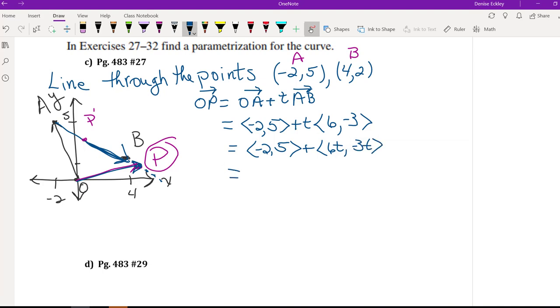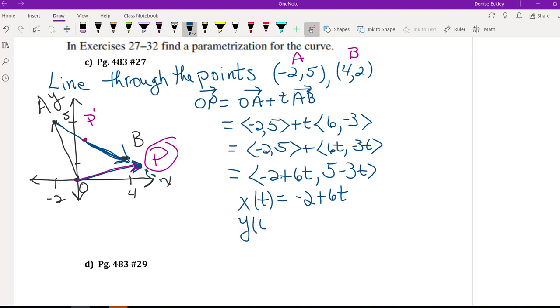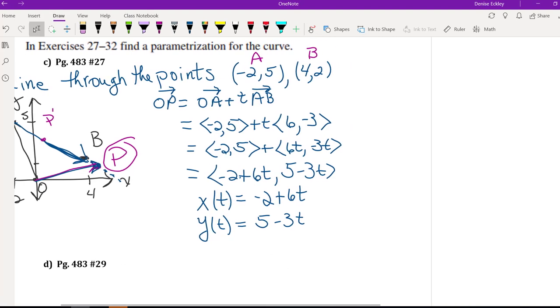So my final vector is -2 plus 6t when I combine these, and 5 minus 3t. What I've done is created my x of t, the x component of the vector, and my y component, the parameterization in the y direction. That's what we're doing vector-wise.